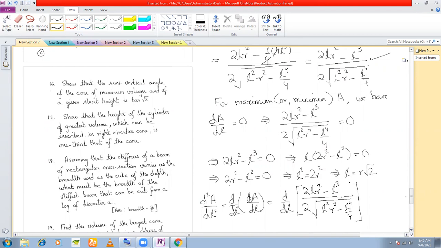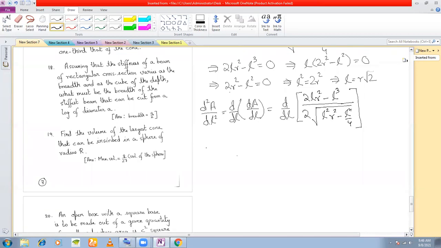You need to differentiate this. How will you differentiate? Take half out first of all. It is 2 here, you see in the denominator. Take this out, half, and then differentiate this by u by v rule. So by u by v rule, if you differentiate, you are going to get root of L square R square minus L to the power of 4 by 4 into the d/dL of the numerator, right?